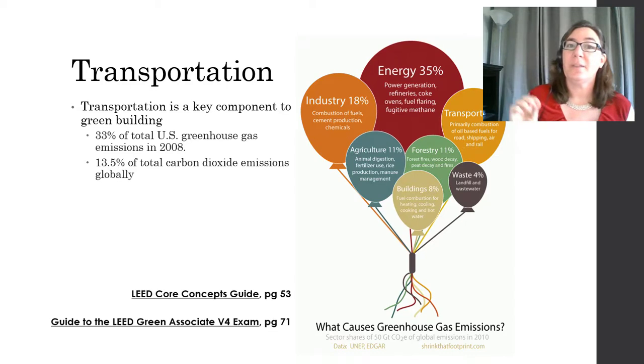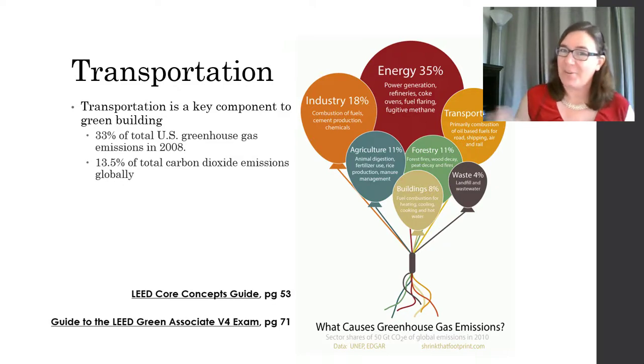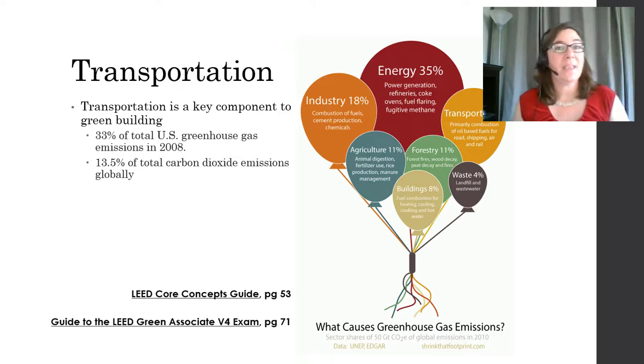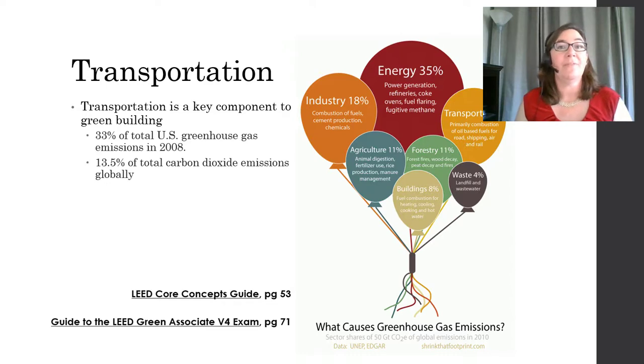Let's move on to the second factor in the location and transportation credit category, and that is transportation. All right, it's key to green building because of its connection with greenhouse gases. We saw this particular infographic earlier, and you can compare the, I think it's yellow versus the tan greenhouse gas balloon in this infographic.